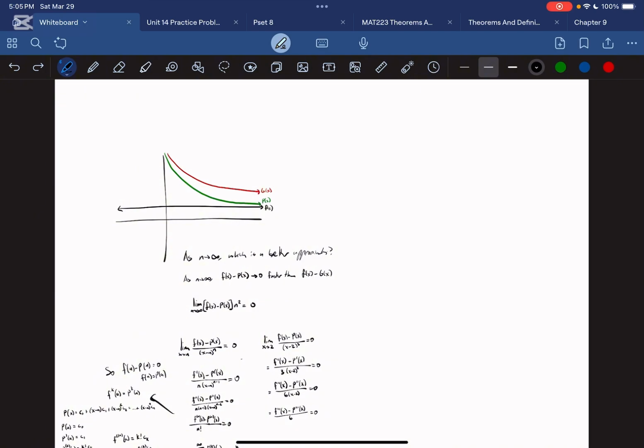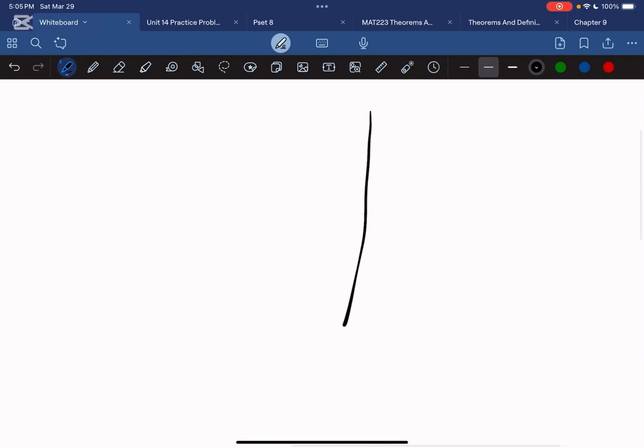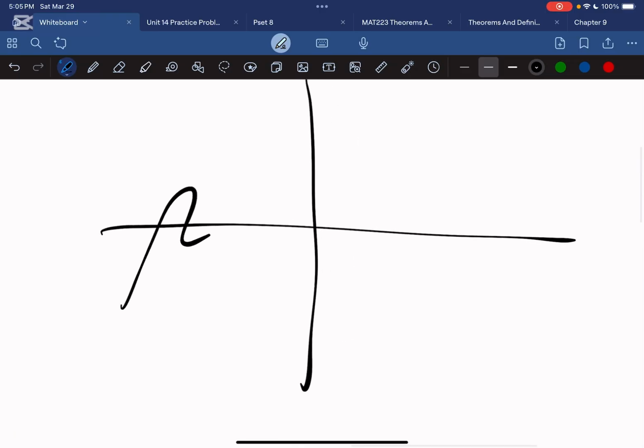All right, so before we dive into Taylor polynomials, or actually, let's define what a Taylor polynomial is in just words. A Taylor polynomial, so you have a function, right? Let's say it's a pretty complex function, like this maybe.